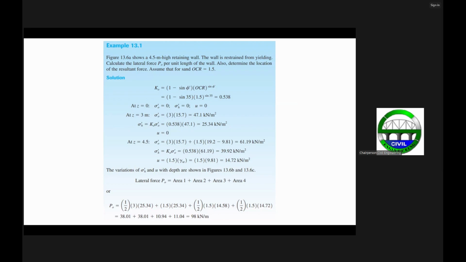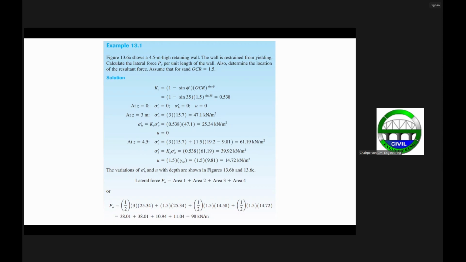Here, the condition is that the wall is restrained from yielding. That means the wall cannot move, so we have at-rest earth pressure conditions. We are asked to calculate the lateral force P_O per unit length of the wall, and to determine the location of the resultant force.